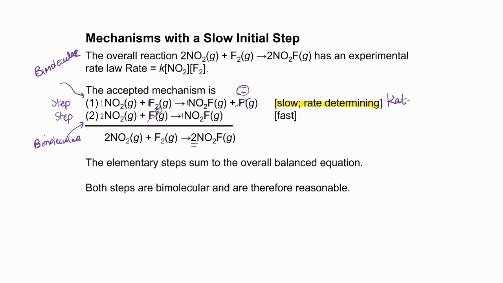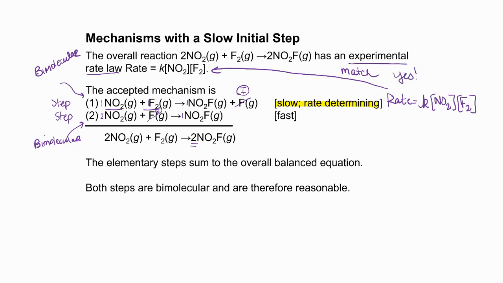Rate will equal k times [NO2] times [F2]. I'm pulling that from the balanced equation. I can do that only on elementary steps. And now I look to see, does it match the experimental rate law? And it does. So yes, this is a valid mechanism.